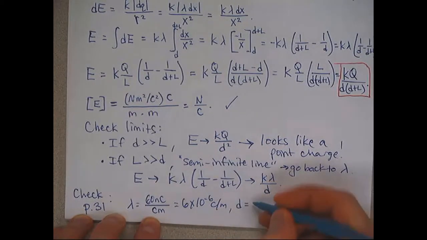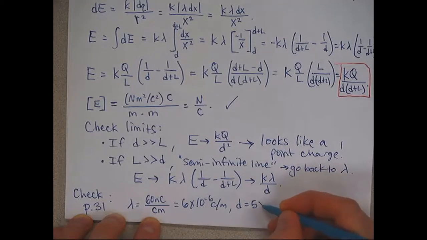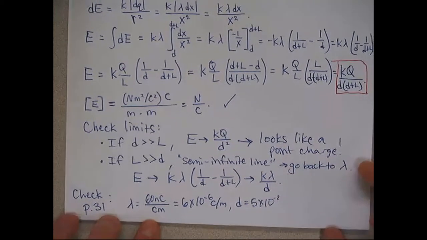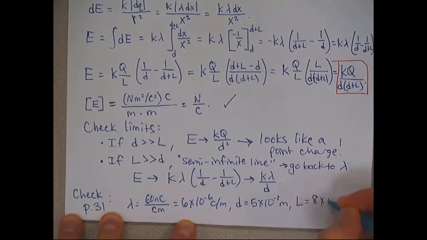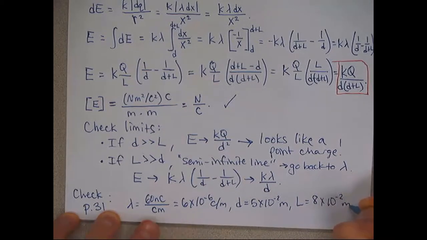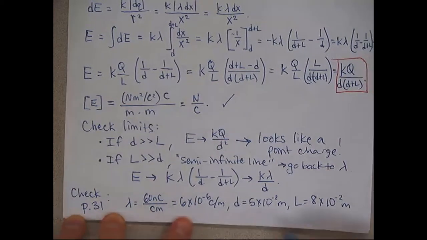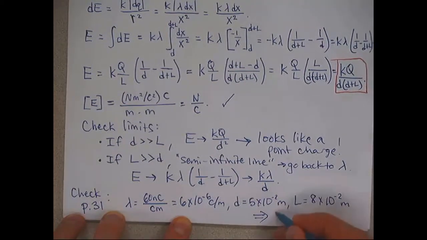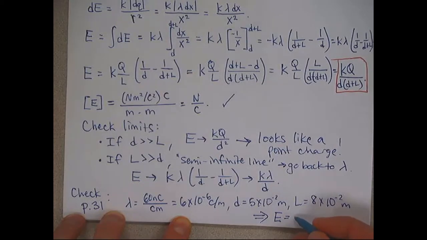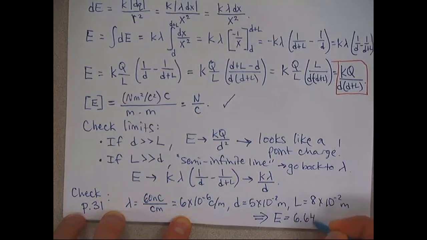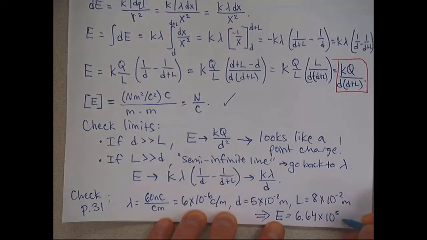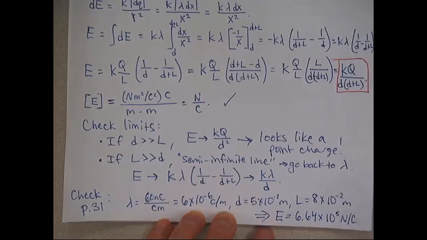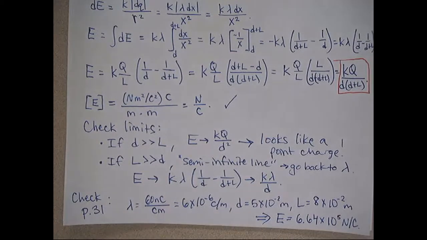The distance d in that problem was 5 centimeters. And the length, as I mentioned, was 8 centimeters. You plug this all into your calculator, and you end up with an electric field magnitude of 6.64 times 10 to the 5 newtons per coulomb. And that's exactly what we expect coming out of that problem.